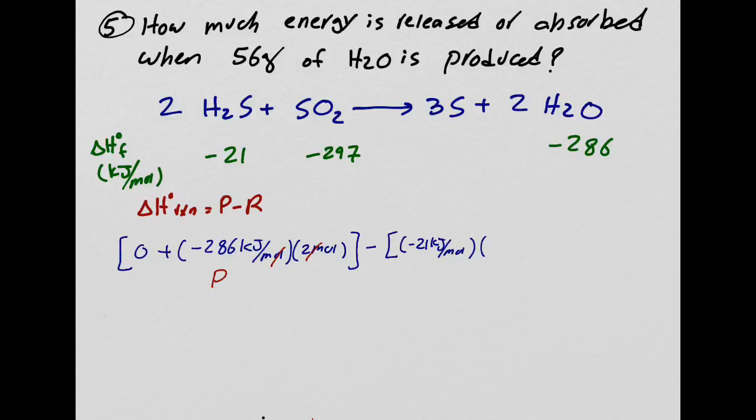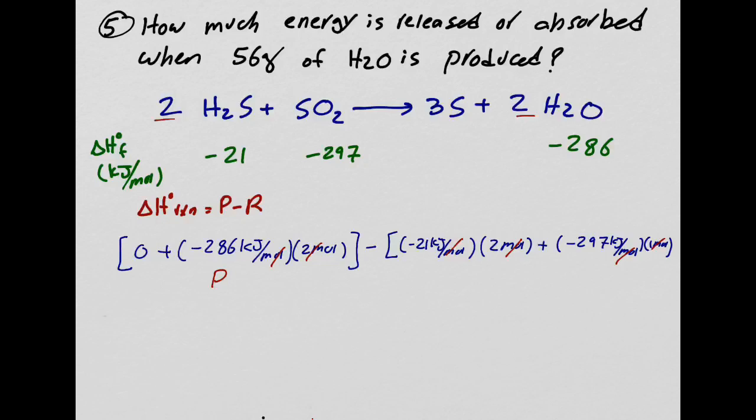How many do I have? I have 2 moles, so the moles can cancel out. And SO2 is minus 297, just 1 mole, right? So I just multiply it by 1 mole. Again, the moles can cancel out. You multiply it by the coefficient. Don't forget that.